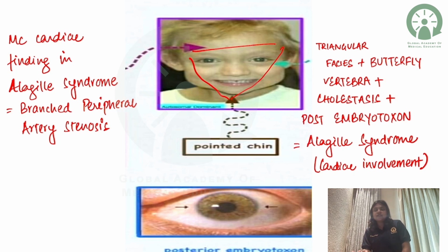So triangular facies, facial dysmorphism, vertebral defects, butterfly vertebra, along with jaundice, cholestasis with eye abnormalities, posterior embryotoxon, and cardiac findings, all this constitutes something which is known as Alagille syndrome.